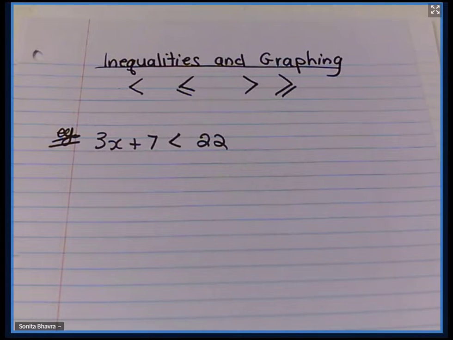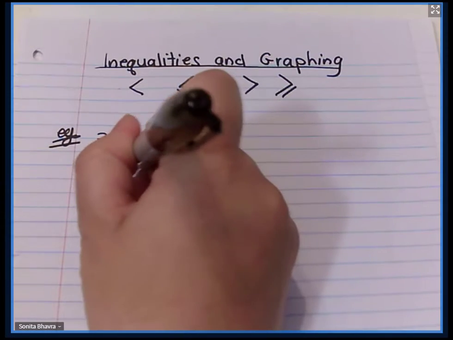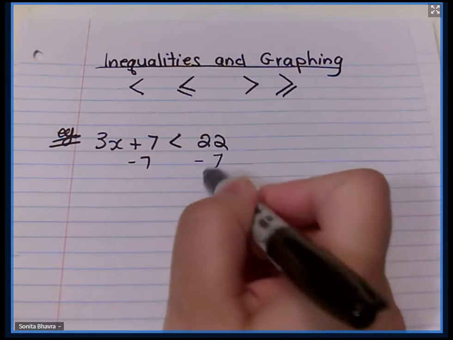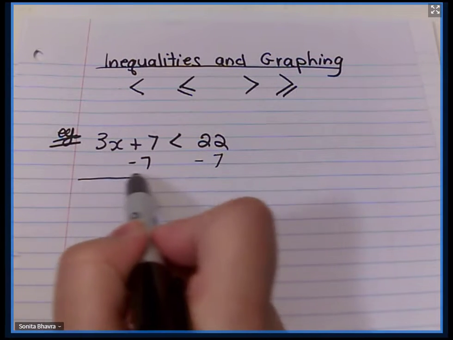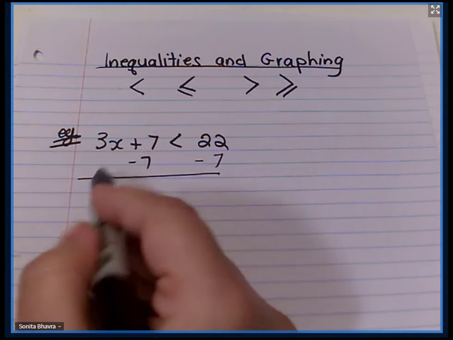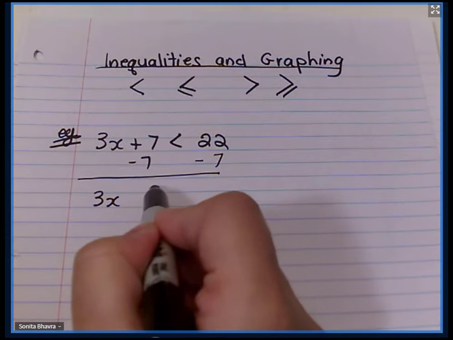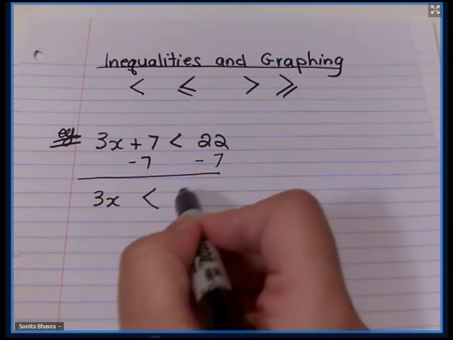All right, our first example is 3x plus 7 is less than 22. We're going to solve this just like we have our equations before. We do the opposite addition or subtraction first, so we subtract 7 on both sides. That leaves me with 3x is less than 15.